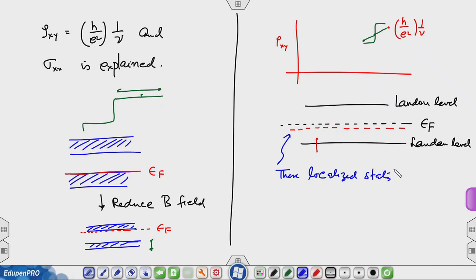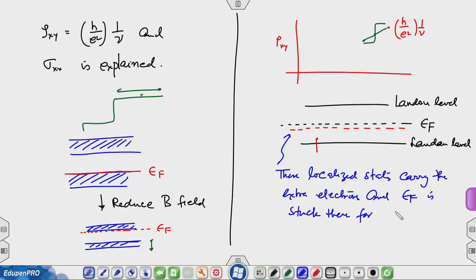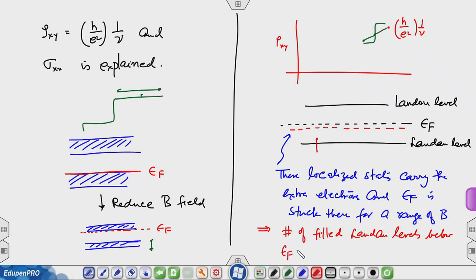These localized states carry the extra electrons, and EF is stuck there for a range of B. So, if EF is stuck there for a range of B, this implies that the number of filled Landau levels below EF remains unchanged.